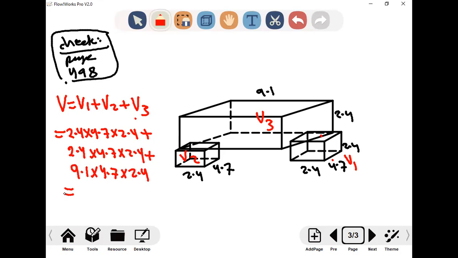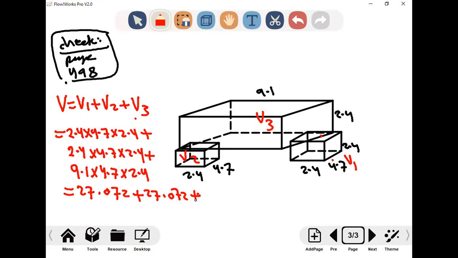Now the first part, I'll multiply 2.4 multiply 4.7 multiply 2.4. The answer will be 27.072. The first part. The second part, same, 27.072, plus the third one, 9.1 multiply 4.7 multiply 2.4.